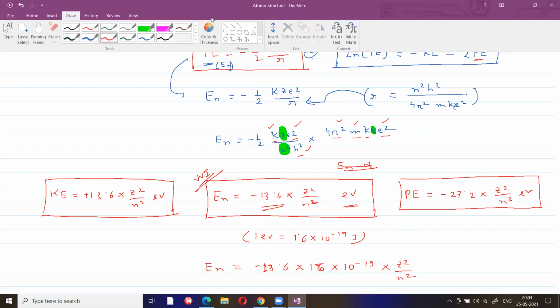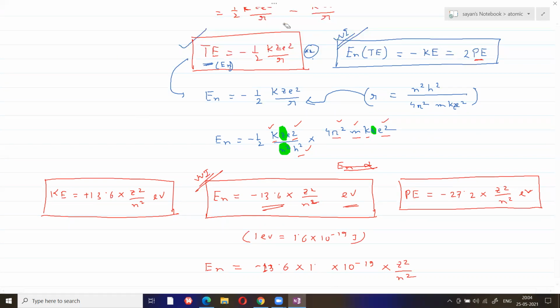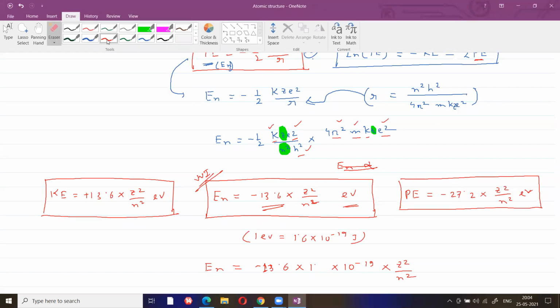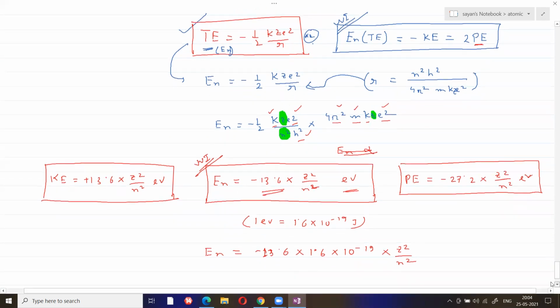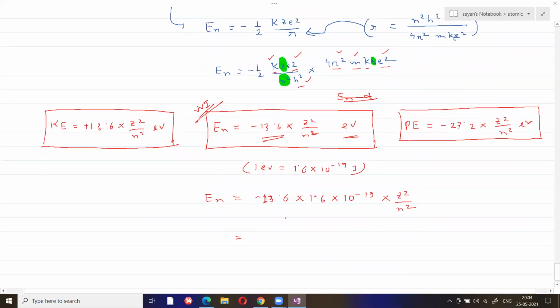Okay, just a minute. Okay, so 13.6 into 1.6, what is the value? Just go for the calculation. You can easily find another formula which is related to the energy form in joule. Okay, so what is the value? The value becomes 21.7, or 2.17. If you go through this, it becomes 21.7 into 10 to the power minus 19 z square by n square.